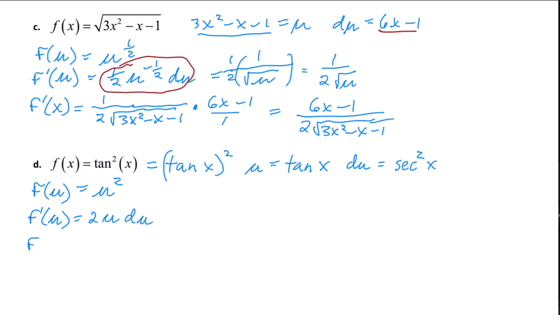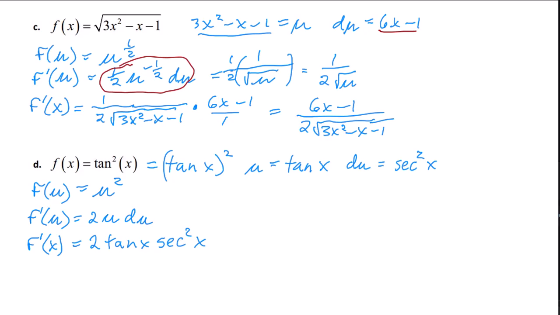So then I go back and put my x in. F prime of x equals 2 times u, so it would be 2 times tan x, and then the derivative of u, which is secant squared x, and that's it.